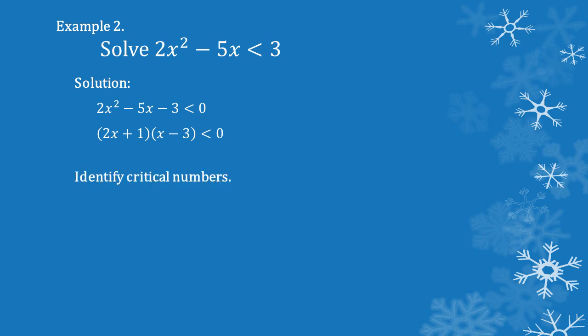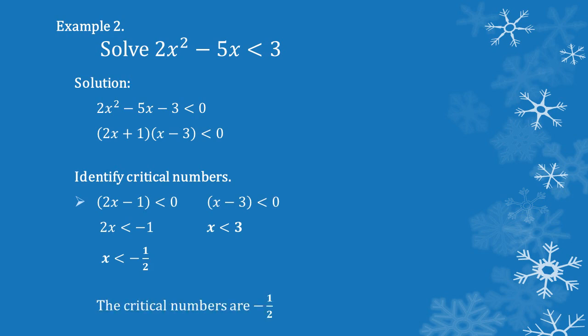So next we have to identify the critical numbers. In order to identify critical numbers, we have to find the value of x. So here 2x plus 1 less than 0 will have x less than negative 1 half, and x minus 3 less than 0 will have x less than 3.